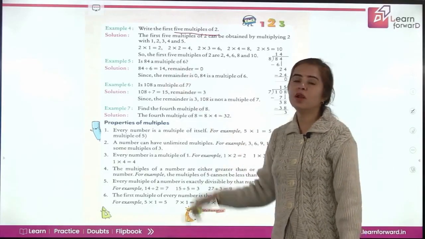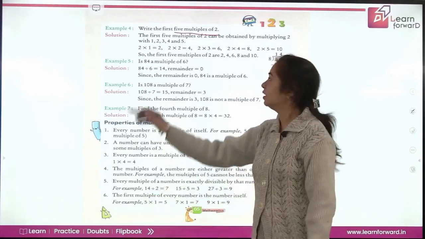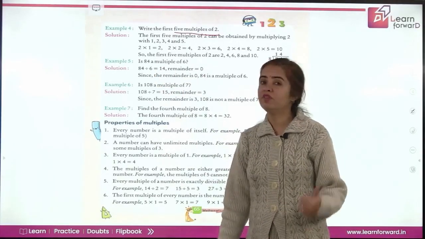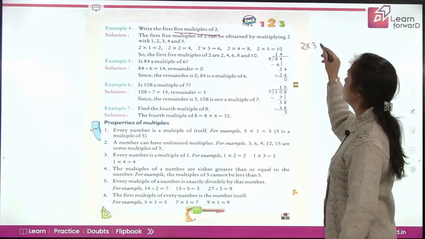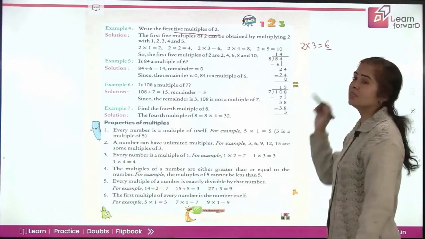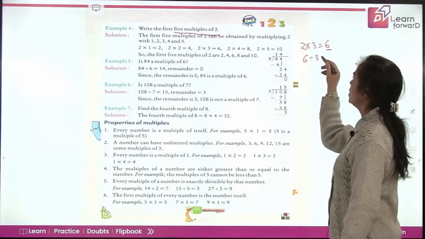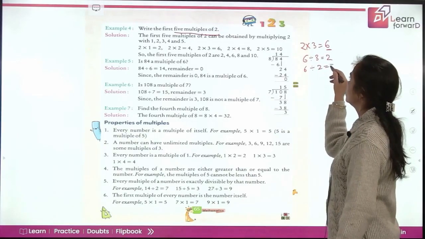Is 84 a multiple of 6? That means we will check whether 84 is divisible by 6 or not. When we did factors, we learned that 2 times 3 is equal to 6. You can just divide: 6 divided by 3 is equal to 2 and 6 divided by 2 is equal to 3.